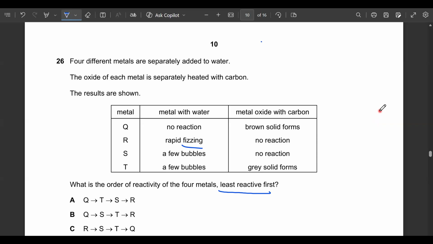Okay, Shazin, I asked which gas will be produced when we are talking about the reaction of a metal with water. I'm not sure. Okay, leave it.